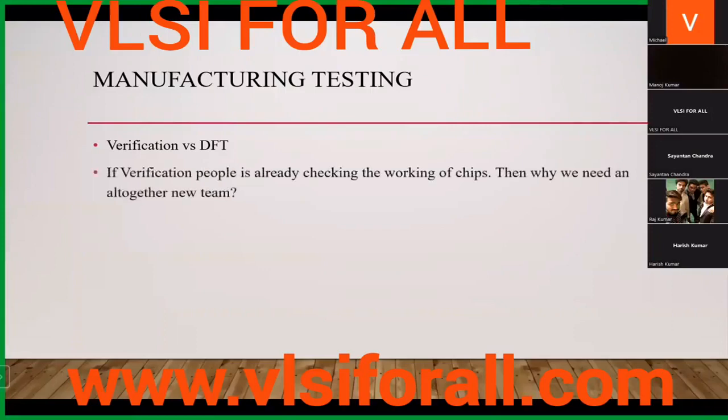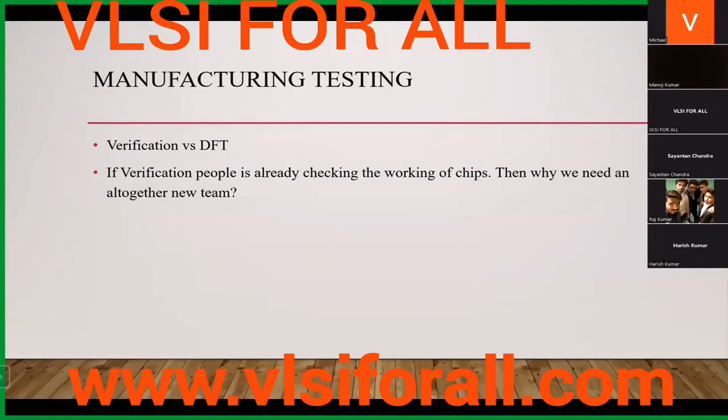Not only in terms of layers, like the metal layers, but during fabrication a lot of problems can happen. In terms of actual chips, various problems can happen. So that's why DFT came. Role-wise there are various areas, like memory and pattern delivery.